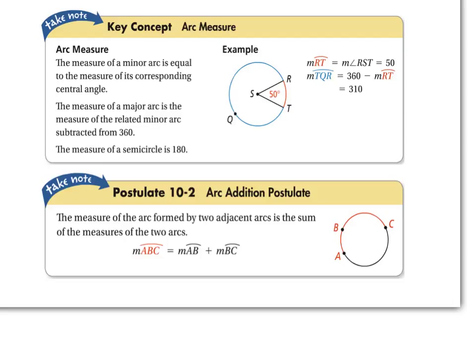Now, very similar to the segment addition postulate, we have what we call the arc addition postulate. The measure of an arc formed by 2 adjacent arcs is the sum of the measures of the 2 arcs. In other words, in this case, arc ABC is made up of 2 arcs, AB and BC. So if I take AB and add that to BC, that gives me ABC. All right.